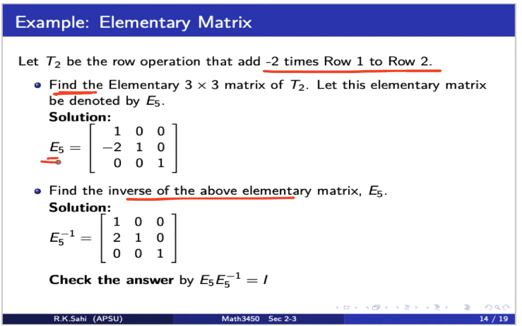Remember, the original matrix you're multiplying by -2. The inverse of that elementary matrix would now multiply by 2. But you're going to do the same kind of operation. You're multiplying a row and adding it to another row, making the changes in that row. That's what you're doing. And notice when you multiply E5 with E5 inverse, you will always get the identity matrix, just to make sure that you're doing the right thing.